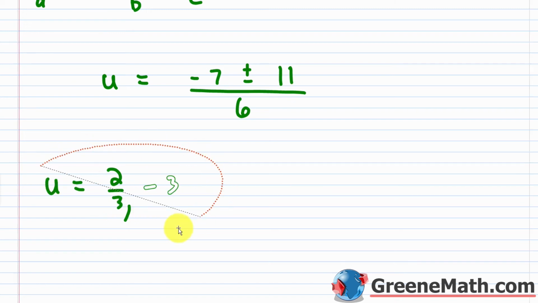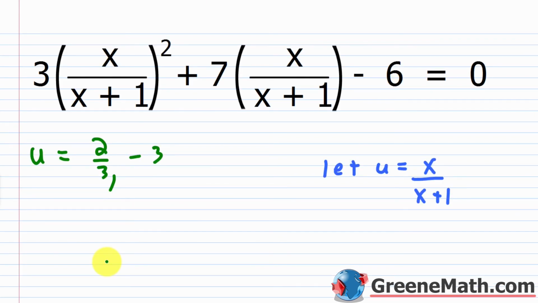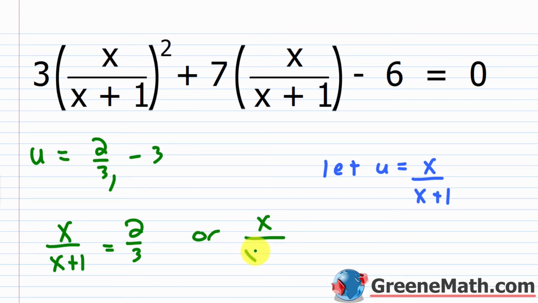So those are my two solutions for u. So now, if u was set equal to the quantity x over x plus 1, then since u equals 2/3 and also it equals negative 3, I can set x over x plus 1 equal to these amounts. So x over x plus 1 equals 2/3, or x over x plus 1 could be equal to negative 3.